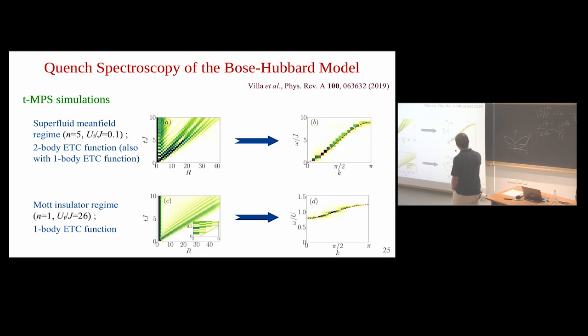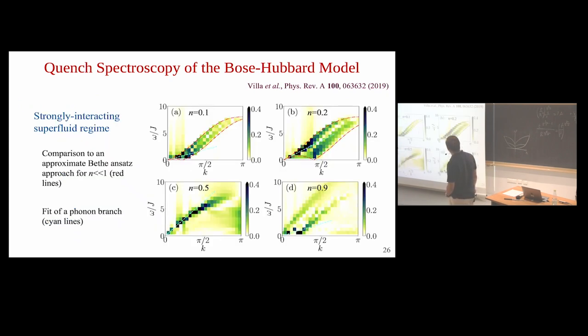So again, it fits very well. The red lines here are just analytic calculations in the Bogoliubov approximation or in this doublon-holon pair theory.